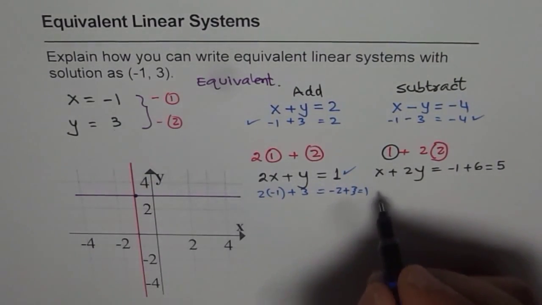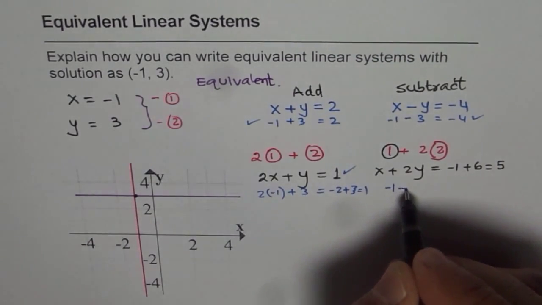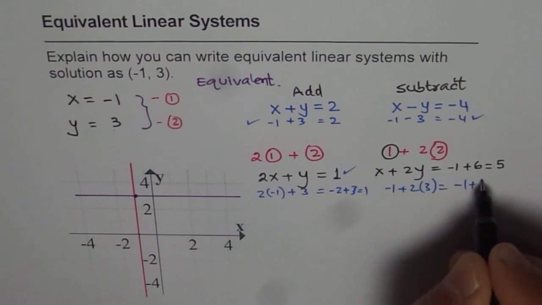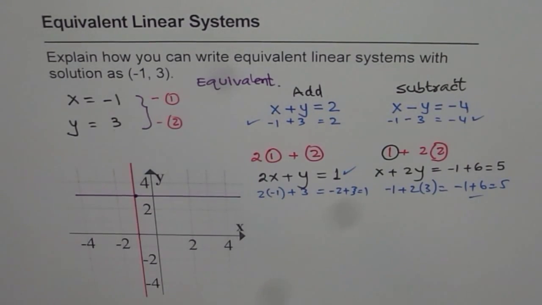Now here also, for x, let me write -1. -1 plus 2 times 3 gives -1 plus 6, which is also 5, correct? So it works. What we have learned here is that you can multiply your equations, add or subtract them, and you get equivalent linear systems.